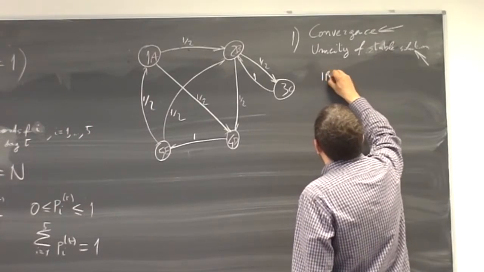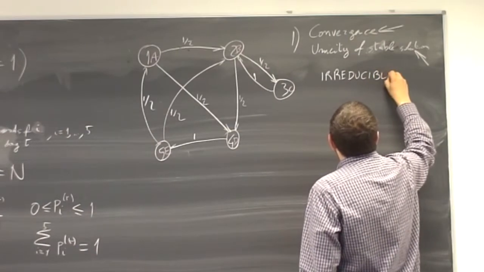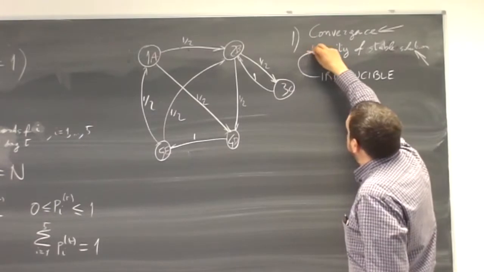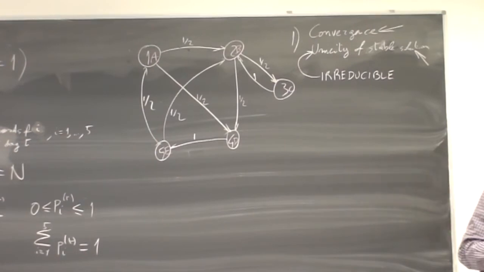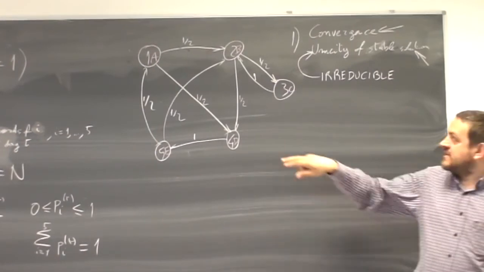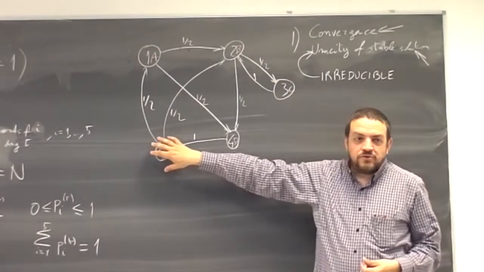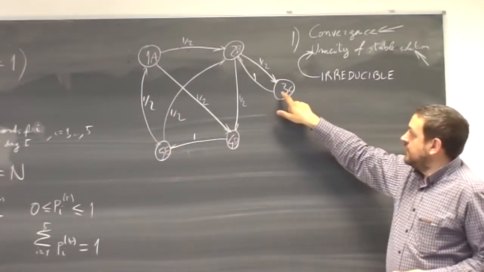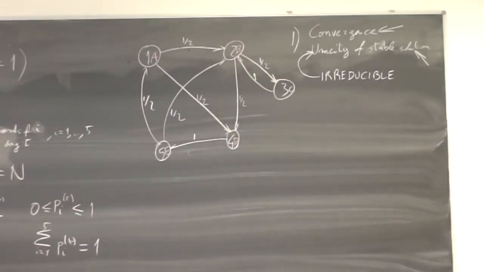Well, if you remember, if we can show that the graph is irreducible, then we end up with a unique solution. Reducible graph means that once, for example, some card is trapped within a user, it cannot move to some other user. A graph is irreducible when there is some path from every user to every other user.